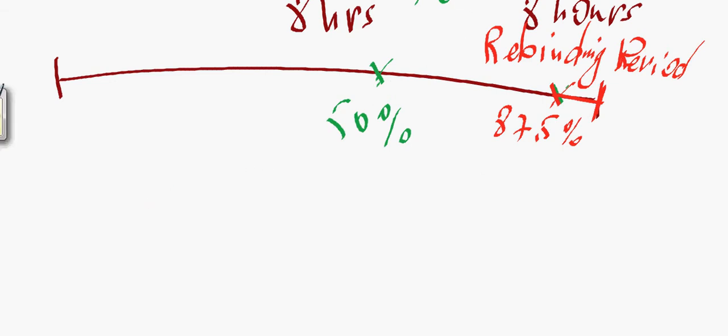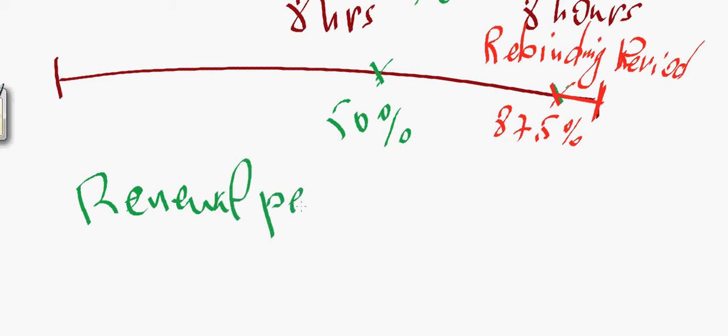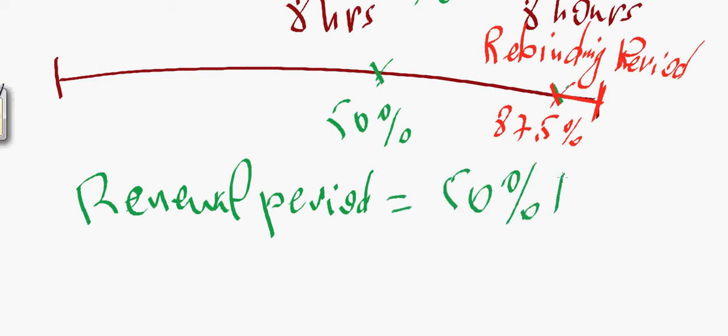The renewal period, sorry, I will start with the renewal period, which is equal to 50% of the lease period. This is the default value used by Microsoft.